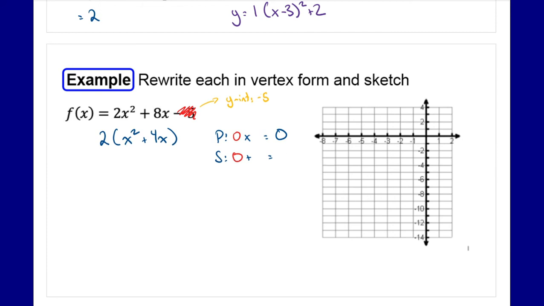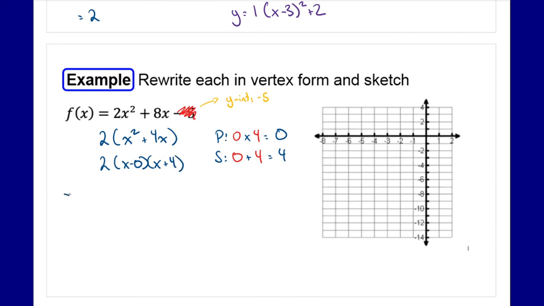So I'm looking for values that multiply to 0 but add to 4. So 0 is one of them, like we previously stated. 4 has to be the other value. Now I can rewrite it out. So 2, x minus 0, x plus 4.